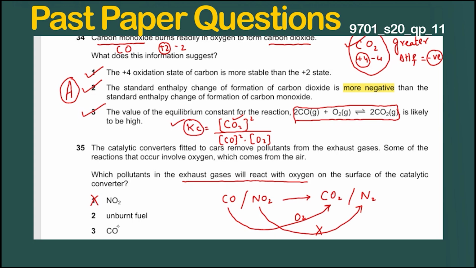If we look at option statement 2, unburnt hydrocarbons or unburnt fuels need oxygen so that they can produce carbon dioxide and H2O. So this pollutant needs oxygen for the combustion process.